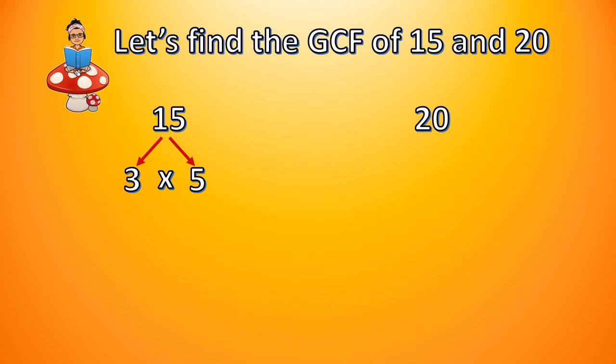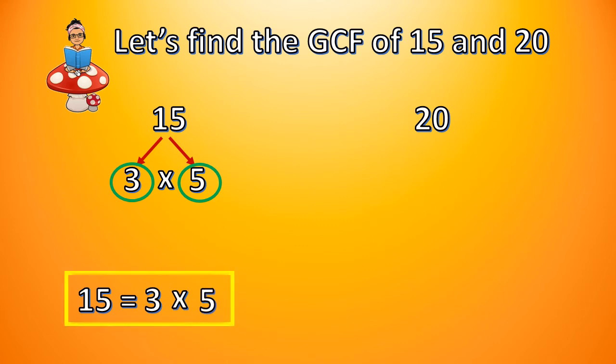Now, is 3 a prime number? Okay, yes, very good. So since 3 is a prime number, we stop here. How about 5? Okay, good job. 5 is also a prime number, so we stop here. So the prime factors of 15, we have 3 times 5. Questions?